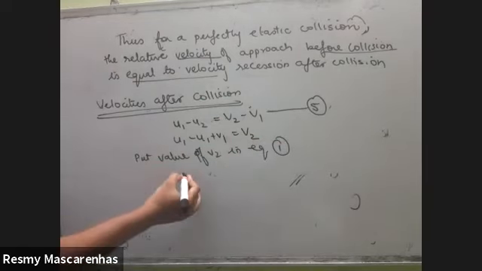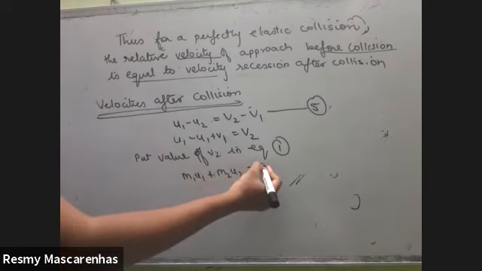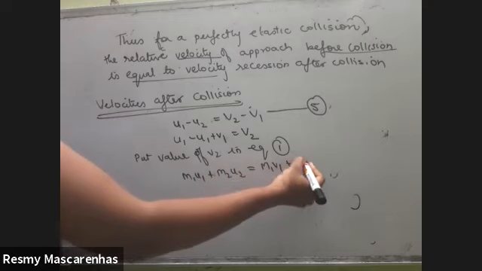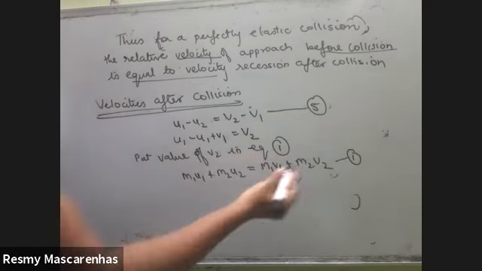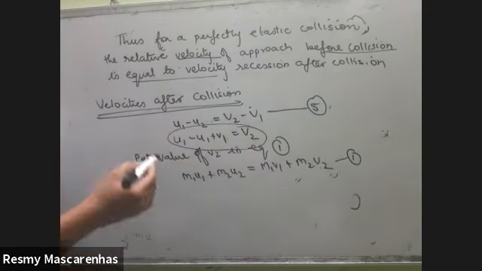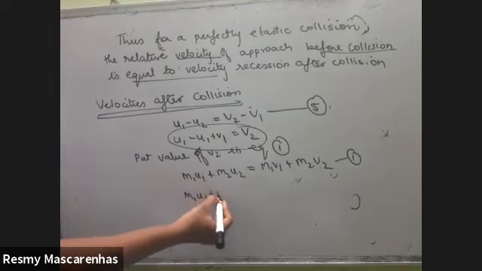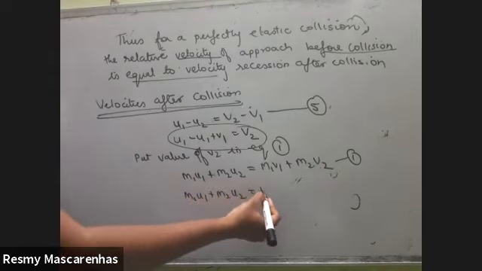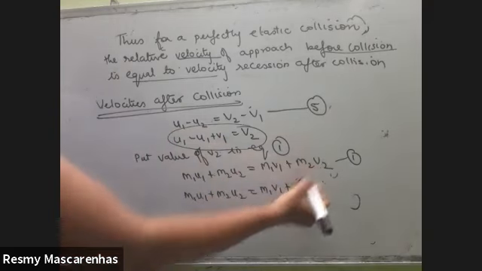So what was equation 1? m1 u1 plus m2 u2 was equal to m1 v1 plus m2 v2. This was equation 1. So wherever there is V2, put this value. V2 is only here, so this whole value will come here.